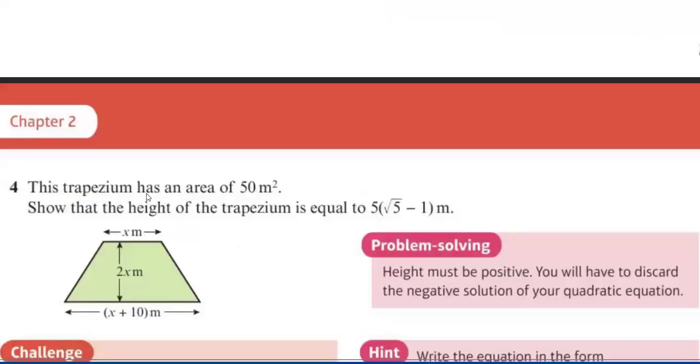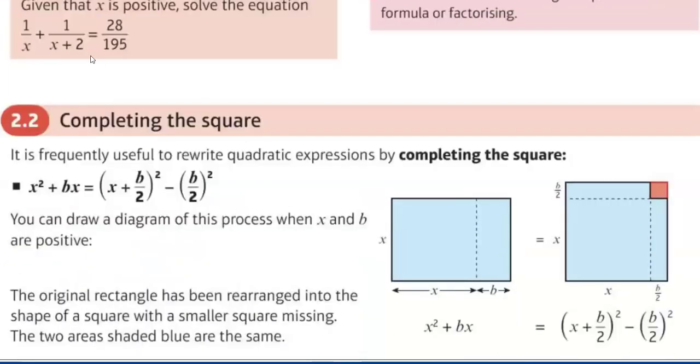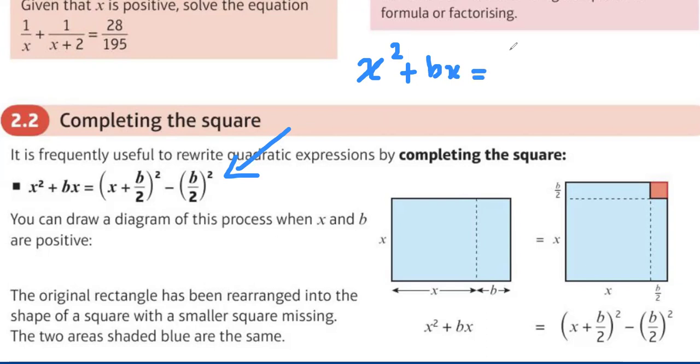Other than that, sometimes we have to use the method called completing the squares. x square plus bx, we can write all things squared. How?